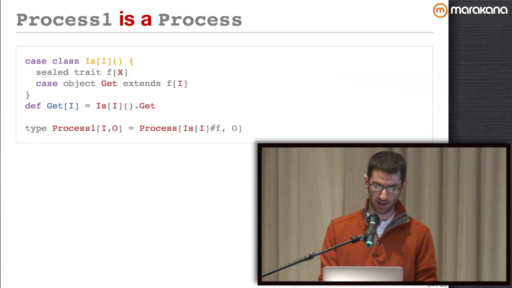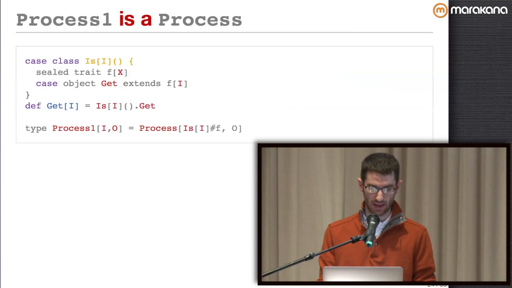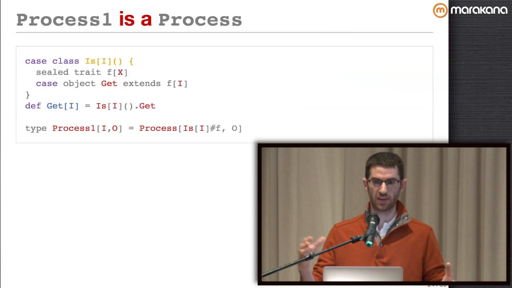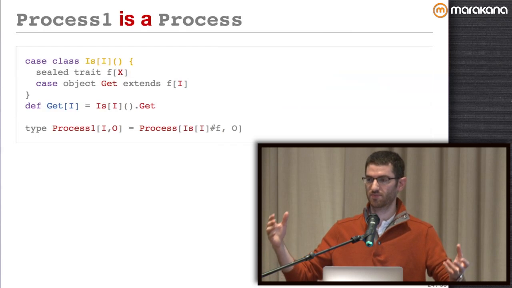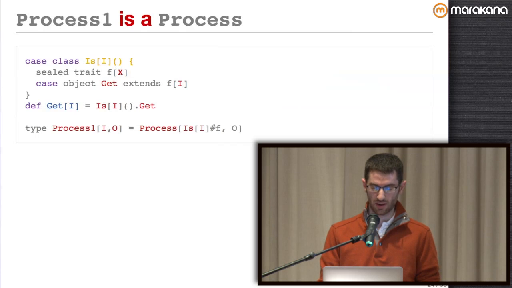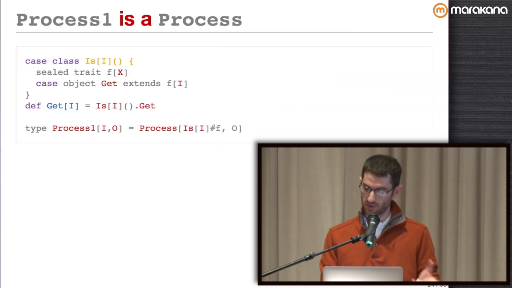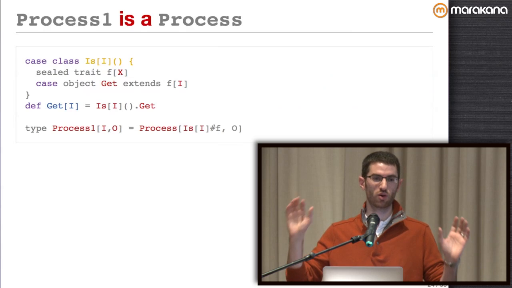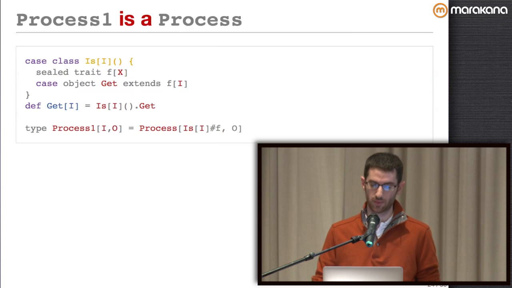We introduce this class isI, and inside of the isI class there is a type F, but you can see the only constructor that exists is the one that instantiates F with I. So if I have a process isI hash F, then I'm basically saying this is a process that can only request values of type I.